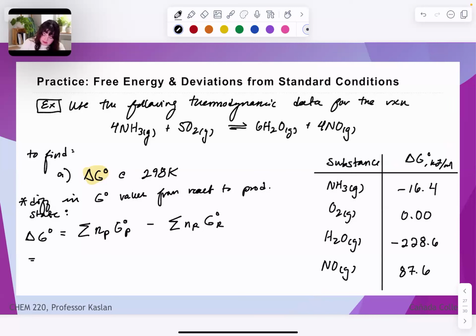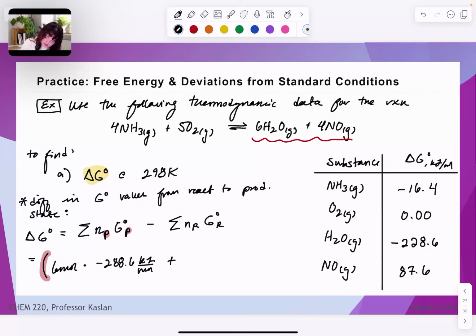So let's take a look here. Our products, this is this side here. So I've got to look at my moles of gaseous water as well as my moles of NO. So we're looking here. For water vapor, I made 6 moles of those, and the free energy of water vapor is negative 288.6 kilojoules per mole.